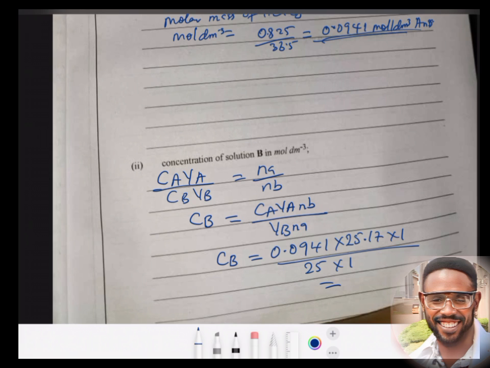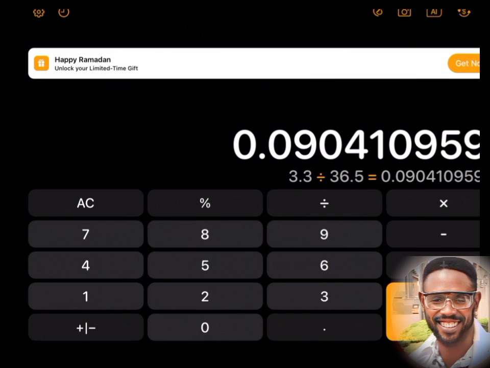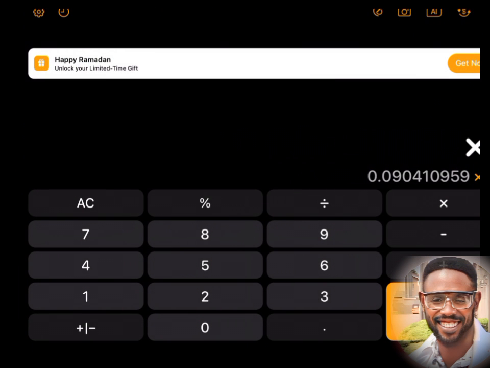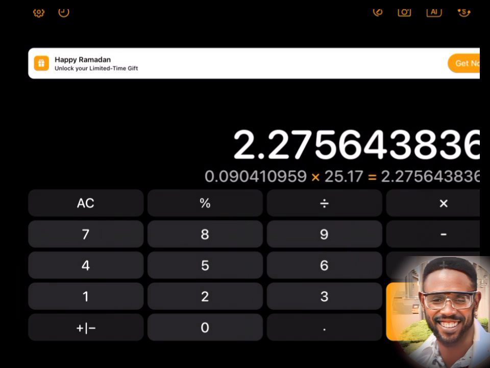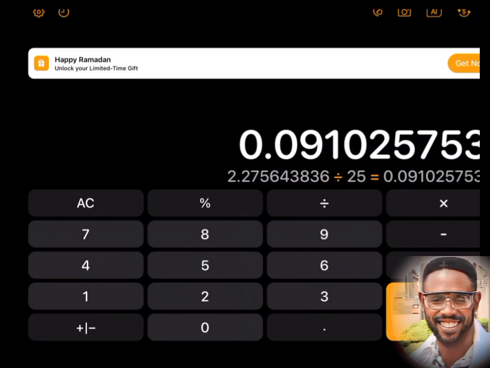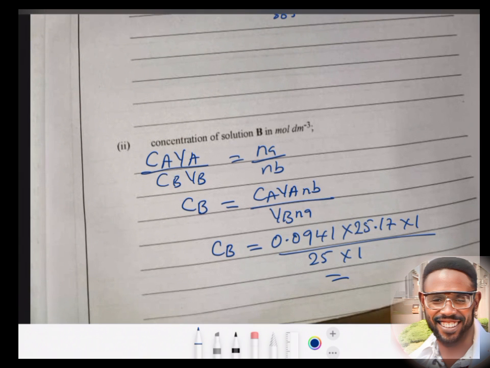But let's get the exact value. 0.0941 times 25.17, then divide by 25, gives 0.09102. Then the unit is mole per dm cube. Remember, wrong units, you will lose the score.